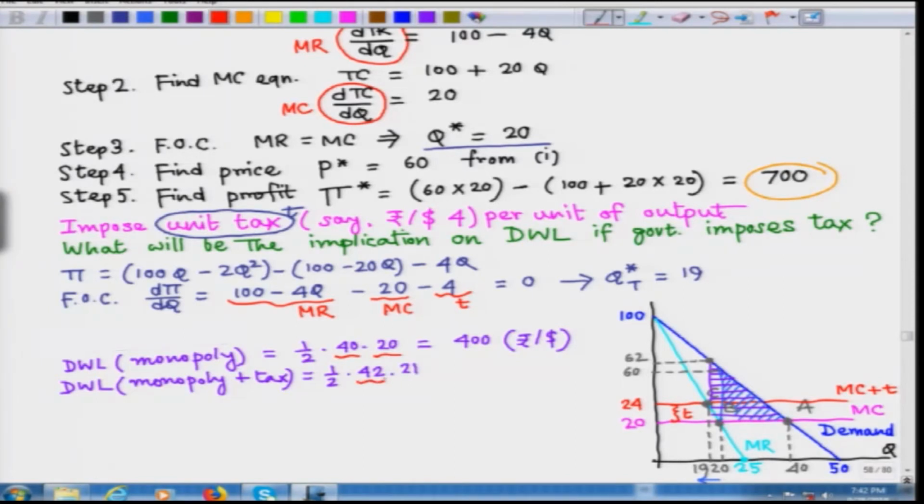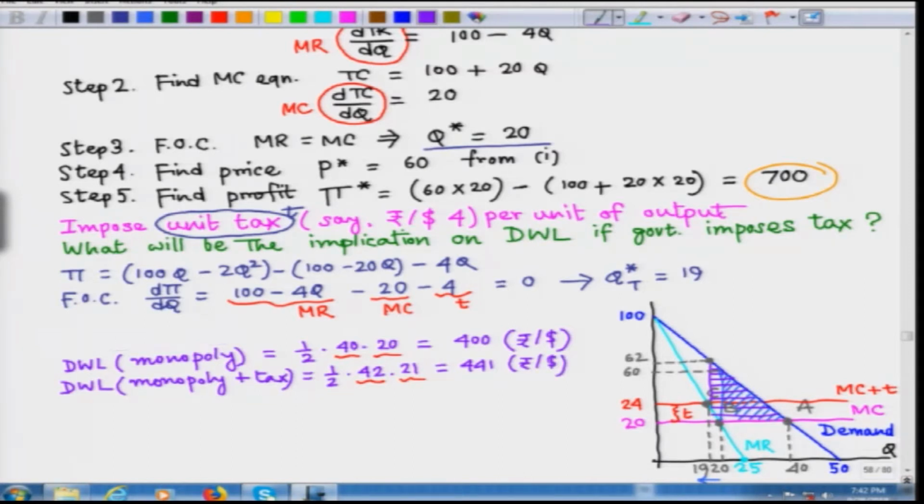So, this 42 is coming from the difference of perfectly competitive market price and the price of the commodity charged by the monopolist after tax imposition by government, and this 21 is basically the difference in the monopoly equilibrium output level after tax imposition and the perfectly competitive output level. So, this comes out to be 441 rupees or dollar.